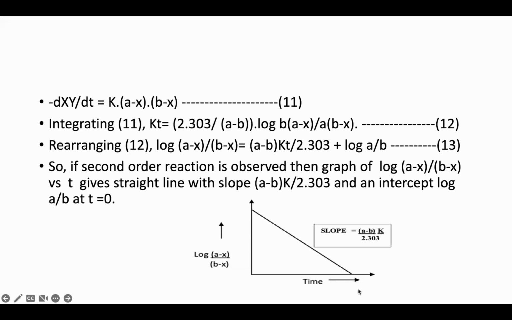Our x-axis is time. So our slope will definitely be A minus B over 2.303 times K. I hope you're following. And then our intercept will, of course, be log A over B.